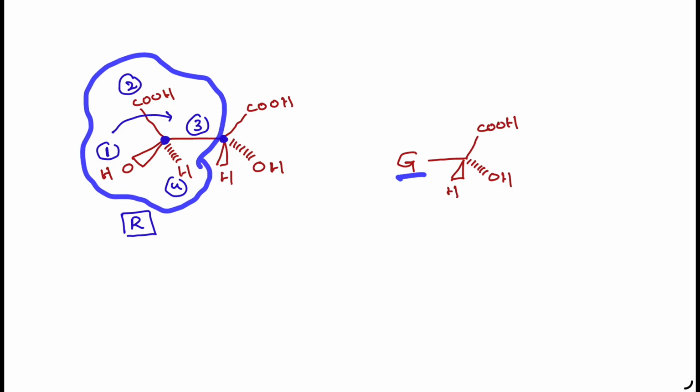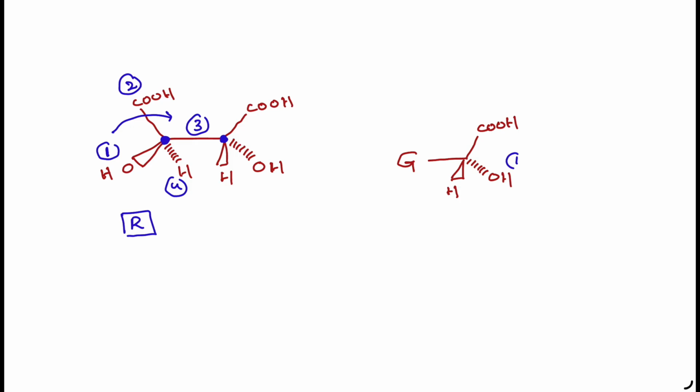I am writing it as G. If you apply the CIP rules, OH gets first priority, COOH gets second priority, that group gets third priority, hydrogen gets fourth priority, but the least priority group is at the wrong position.